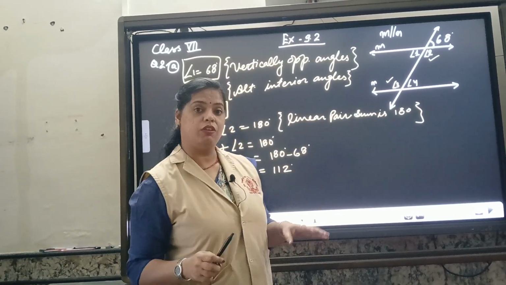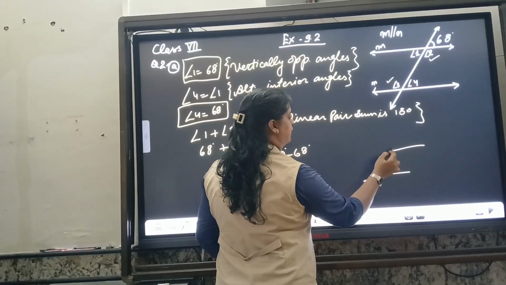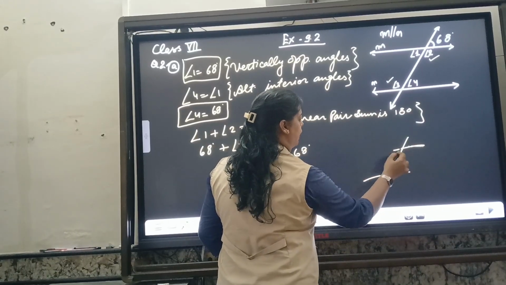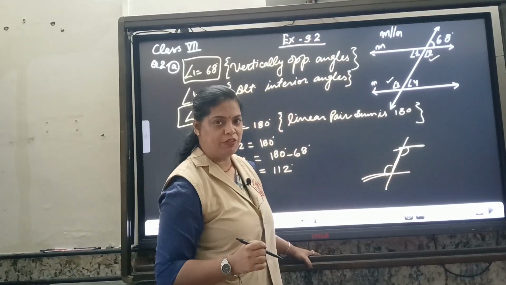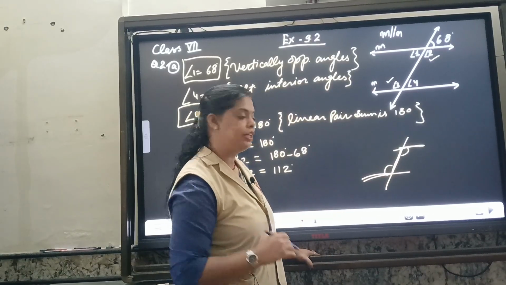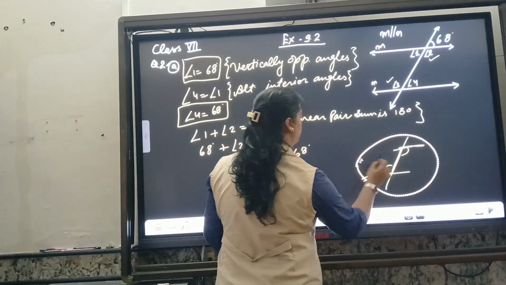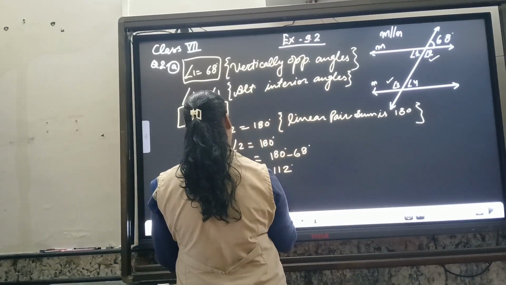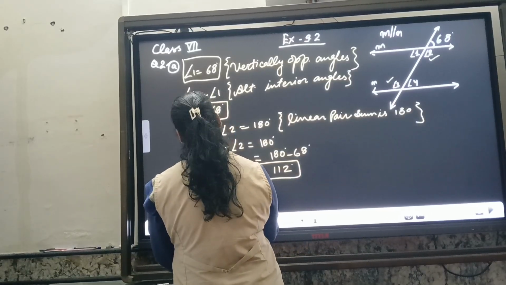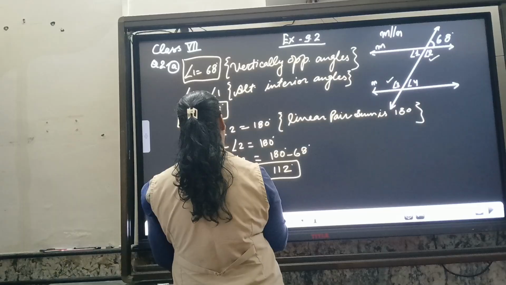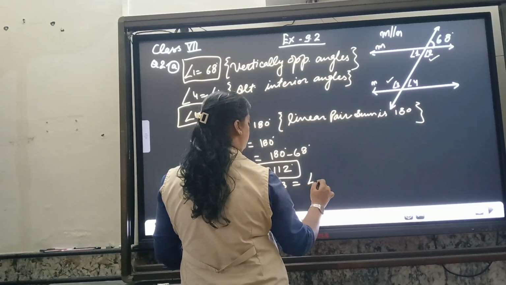So this angle must be 112, and if angle 2 is 112, what does it mean? That angle 3 also should be 112, because we have parallel lines intersected by the transversal line, so the angles form like this. These two angles will again form a Z alphabet, so they are known as alternate interior angles. So we will write again: angle 3 is equal to angle 2.